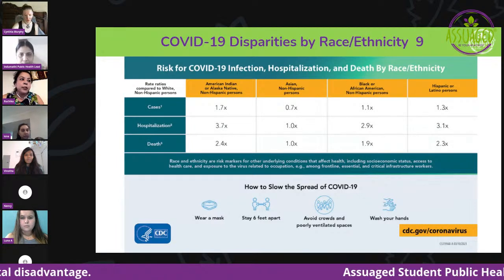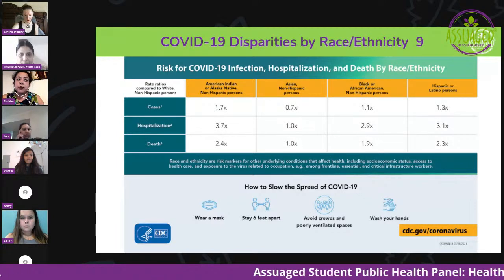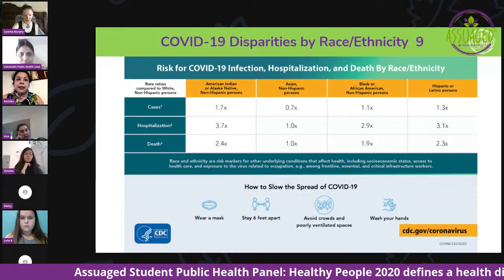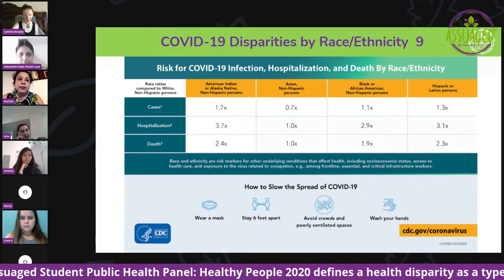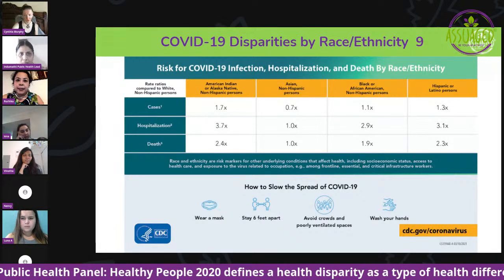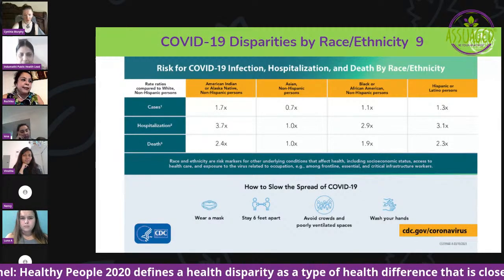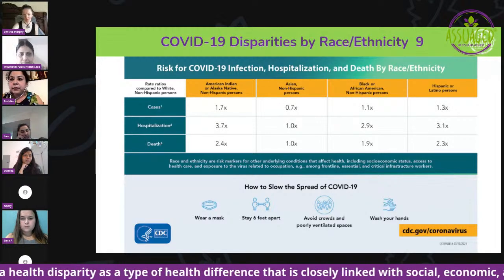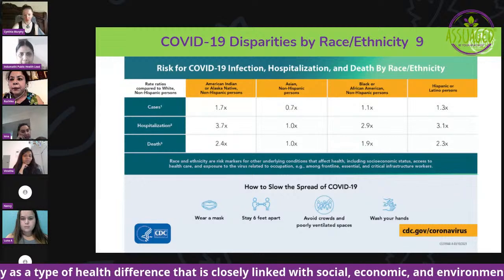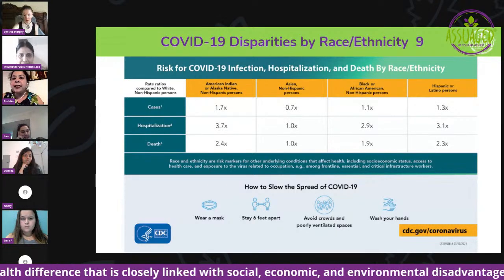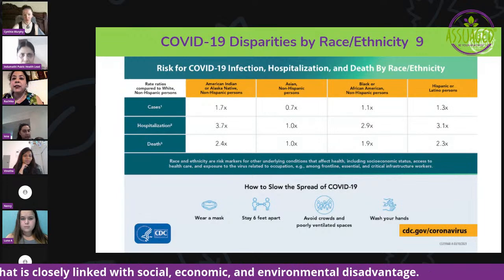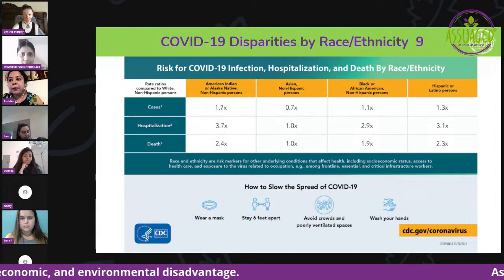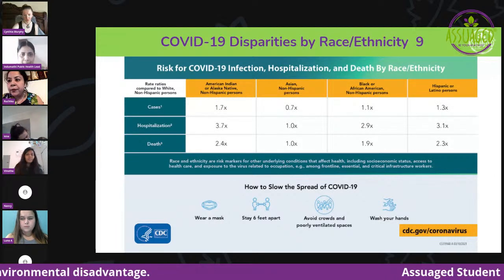Among laboratory-confirmed COVID-19-associated hospitalized cases, more than 90% have information on race and ethnicity. There are differences in age-adjusted hospitalization rates by race and ethnicity. We can see here that American Indian or Alaska Native people have more cases, more hospitalizations, and more deaths compared to Asian, non-Hispanic Black, or Hispanic or Latino people.